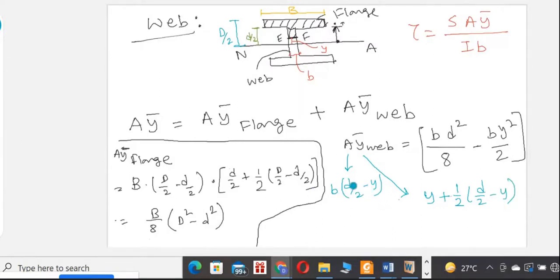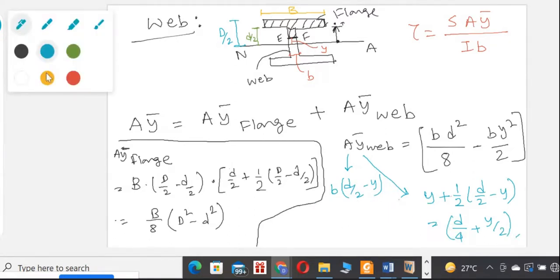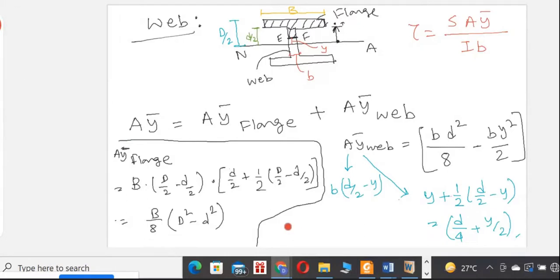So this one basically gives us d by 4 plus y by 2, and if we multiply these two, it gives a value of b by 2 into d square by 4 minus y square, as he rightly said.